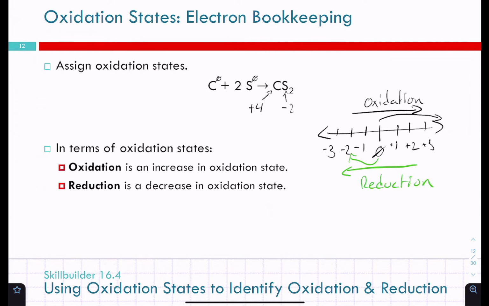Well, when I explained oxidation and reduction, we didn't have oxidation states yet. But now that you have them, you can do this and then flip it. So if this method works better for you, use this method. If you can keep track of the electrons and how they change the charges, then do that. Either way works.